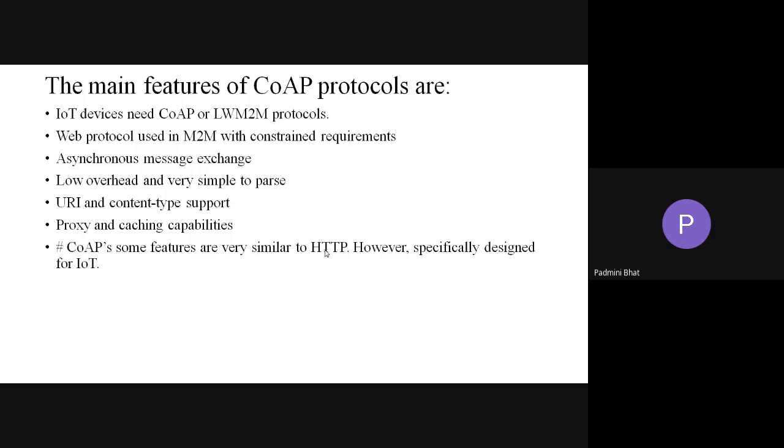Some features are very similar to HTTP, however, especially designed for IoT. Once the connection is done, in the transfer of data and conversion of data to other forms, all those are similar.